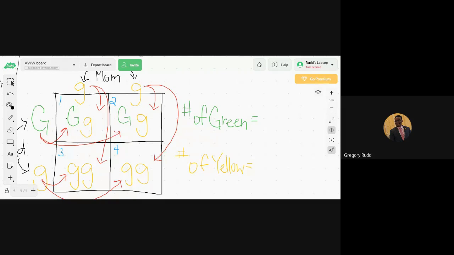How many green offspring do I have? And how many yellow offspring do I have?